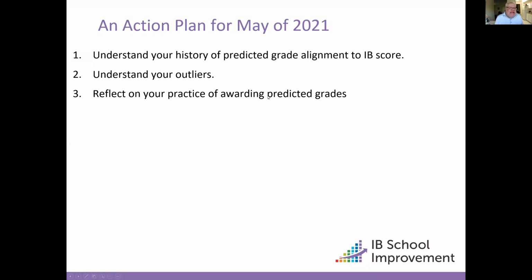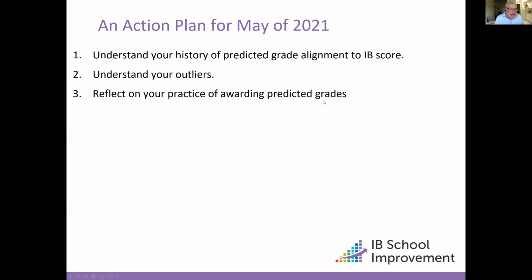Third thing I'm going to say is that we need to reflect on how we award predicted grades. And this goes to the example of how to request exceptions. If you're going to request exceptions, you need to understand your history of predicted grades, because remember, that's what IB based those allotments on.